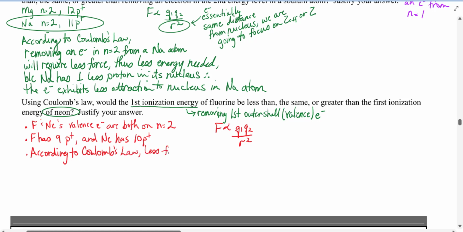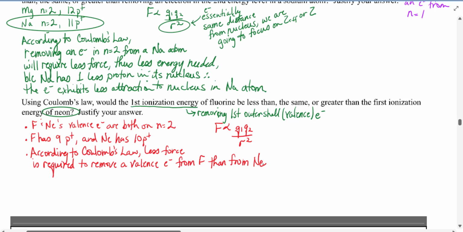Less force is required to remove an electron from fluorine. Let's say to remove a valence electron, because we're being specific on this, to remove a valence electron from fluorine than from neon. Okay.